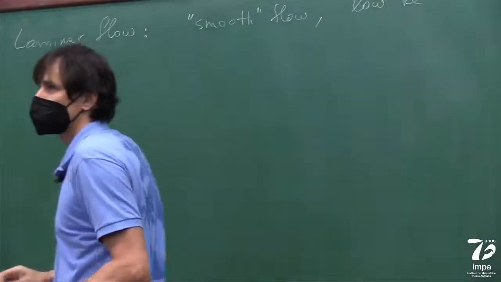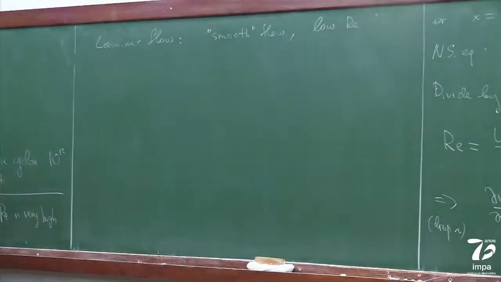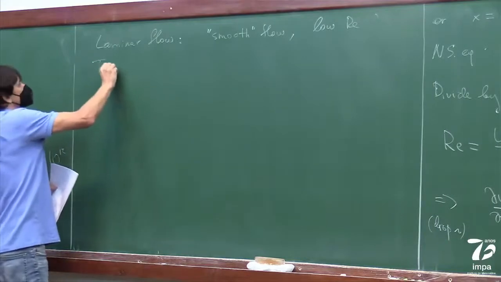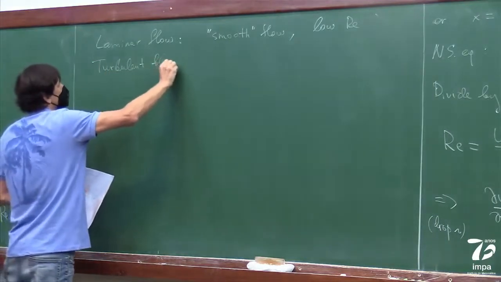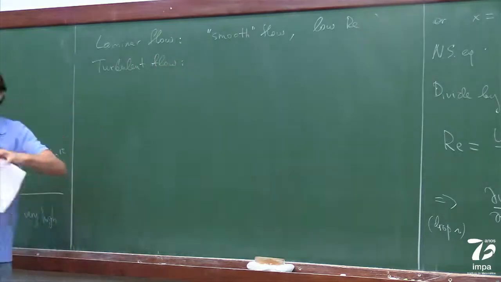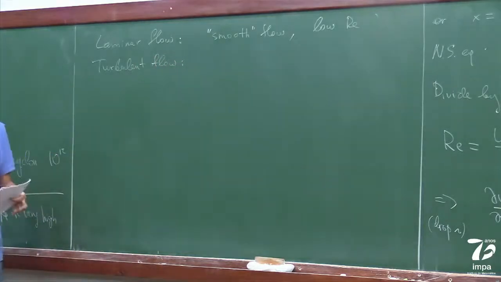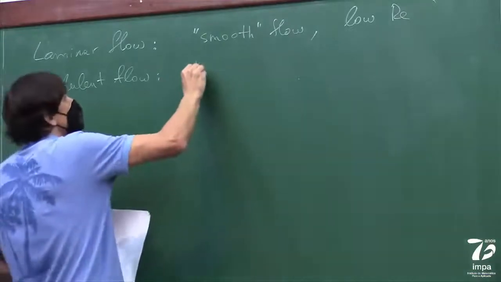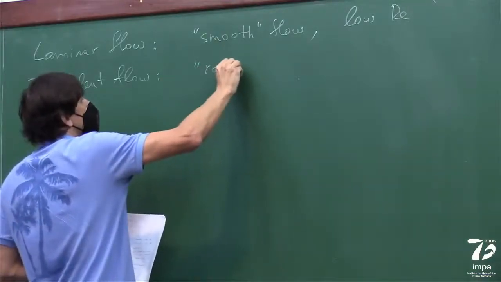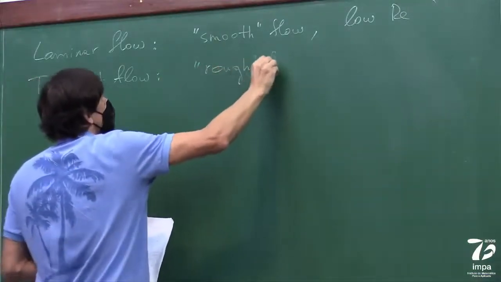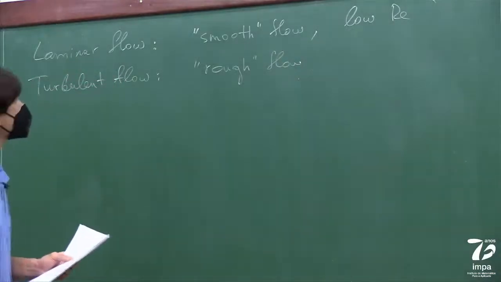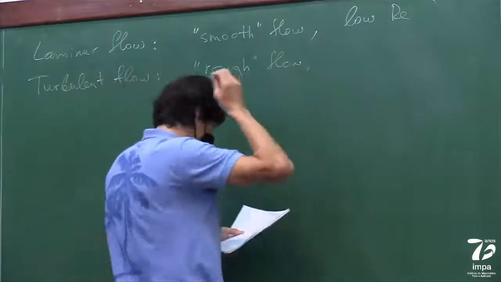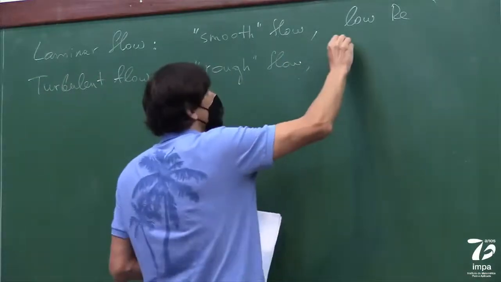So with small Reynolds number, like a bacterium flowing, everything is laminar. And turbulent flow is something very rough, and that's an important word, in fact. It corresponds to high Reynolds numbers.